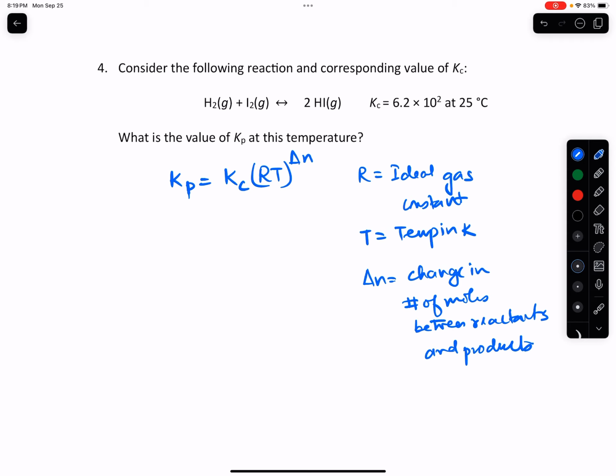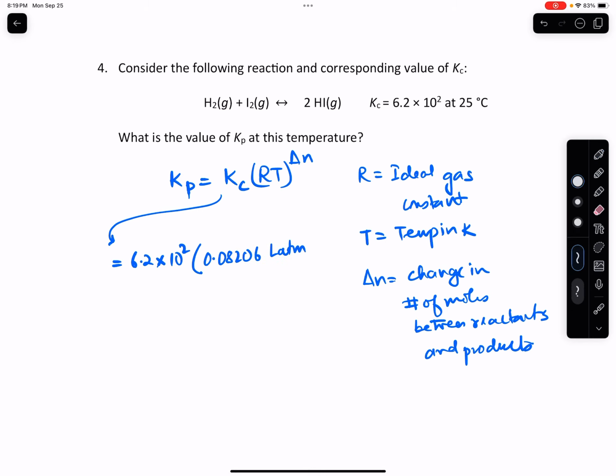So we know what Kc is, so we'll just go ahead and write this as Kc is 6.2 times 10 to the power 2, and this whole thing is multiplied with R. R is actually the ideal gas constant, which is 0.08206 liter atmosphere.